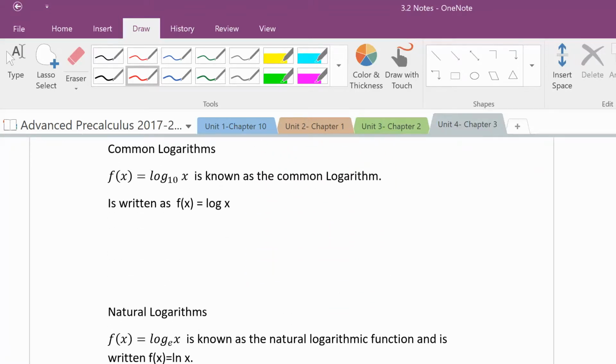Anytime you have a log and there's no number as the base, it's assumed that it's base 10. So whenever you use your calculator, it's always log base 10. So if I say log 100, I'm asking 10 to what power equals 100? So that's equal to 2. All right, so anytime you just see log, it's assumed that that base is 10.